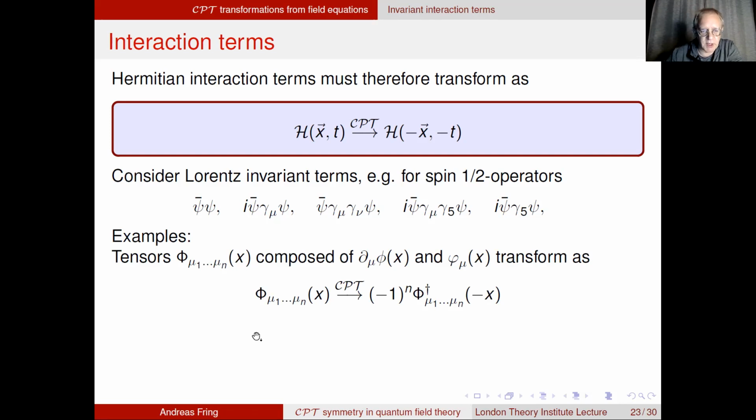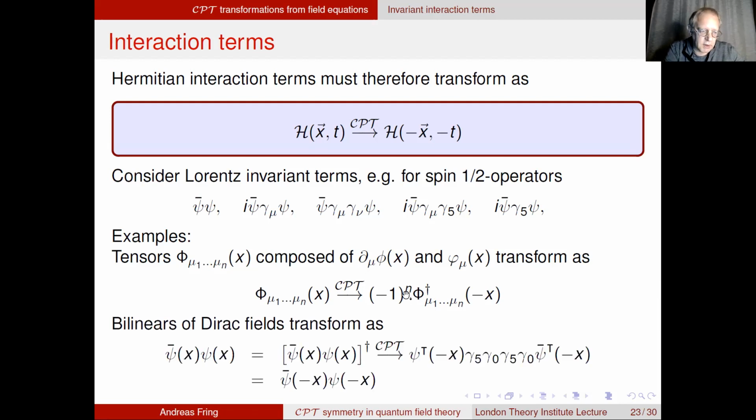If I compose a tensor out of derivatives of the spin 0 field and the spin 1 fields, then these tensors under CPT will transform in this way. They change the arguments to minus. I combine now x and t into just x, and I pick up, depending on how many factors I have here, a -1 to the n.